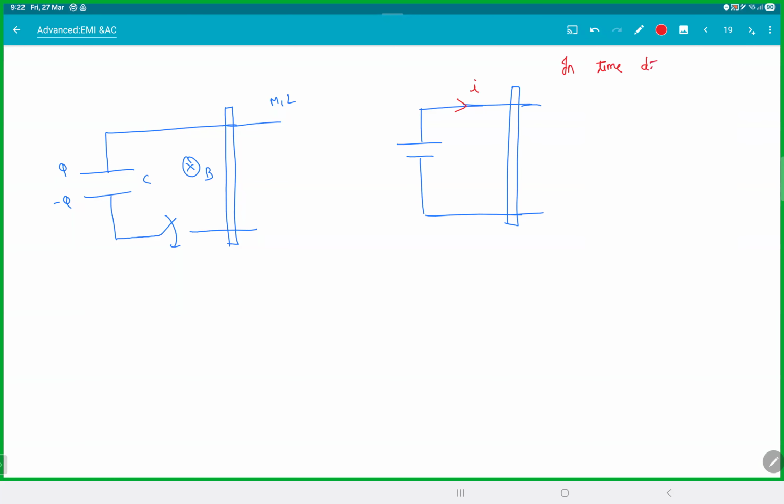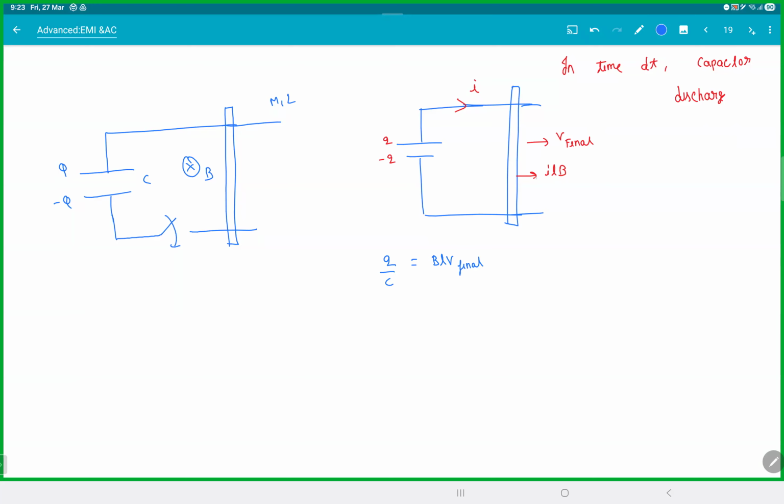So in time dt, the capacitor discharges. So we have a force ILB. The final charge will be Q, this will be minus Q. This will achieve V velocity, V final. So Q by C is equal to BL V final. This is one statement.